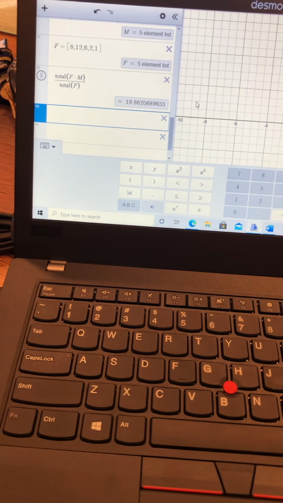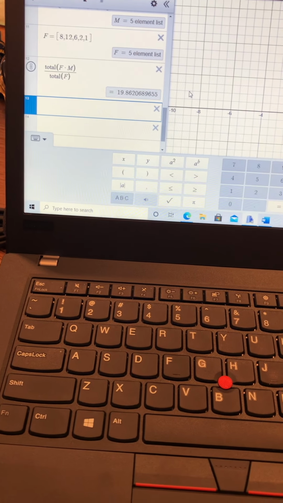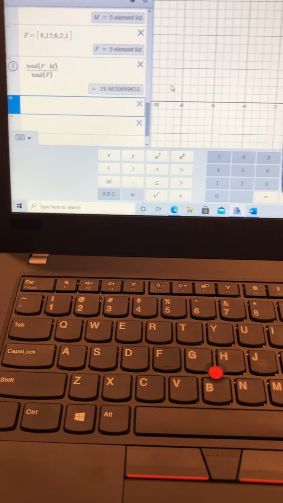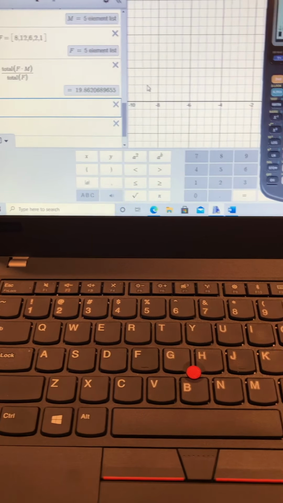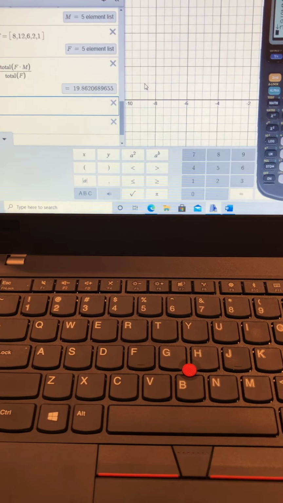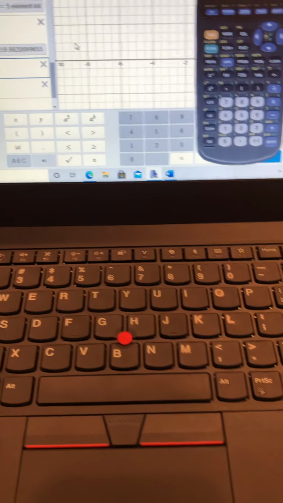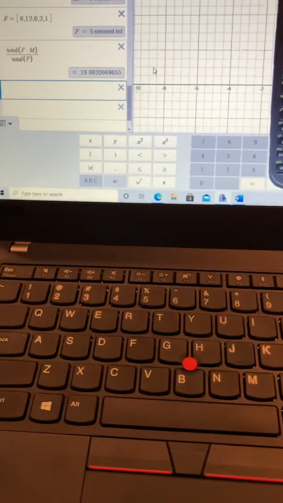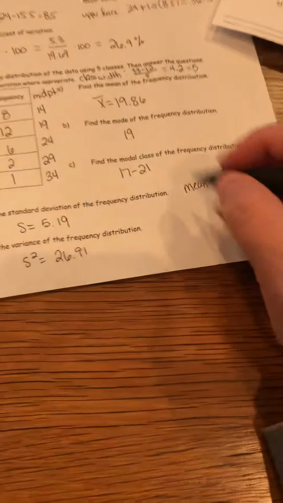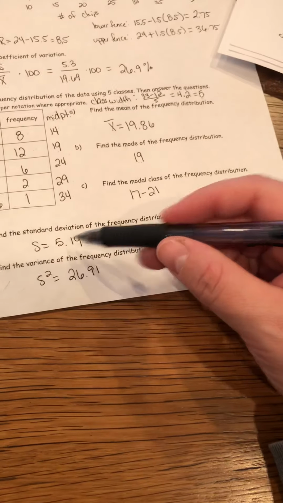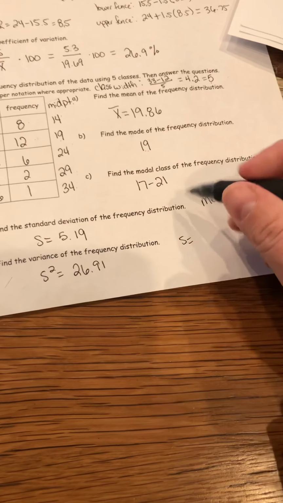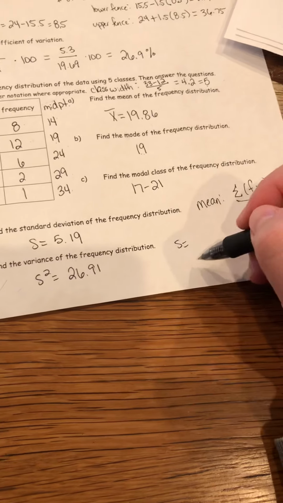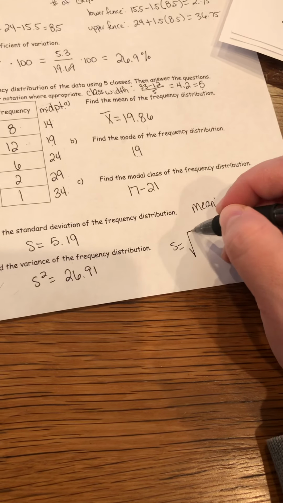So the same is true for the standard deviation and the variance. You have to use the formula. And the formula for that is actually really ugly, but I did it once and it worked. So the standard deviation is the square root of the variance. So the formula for the variance is here.